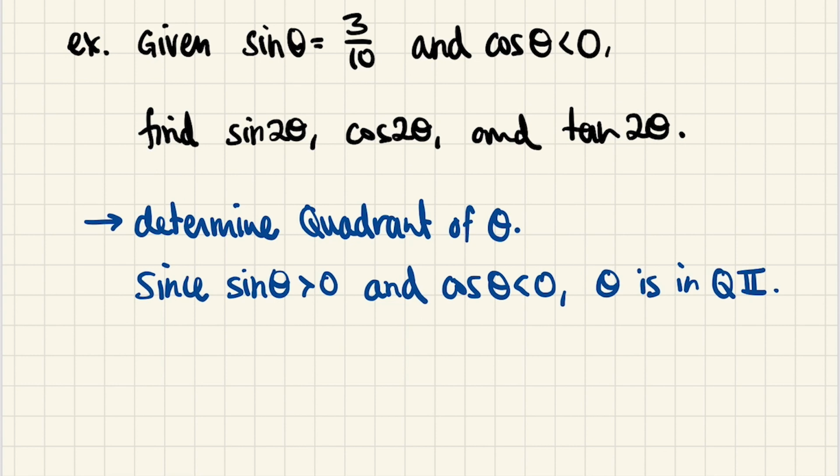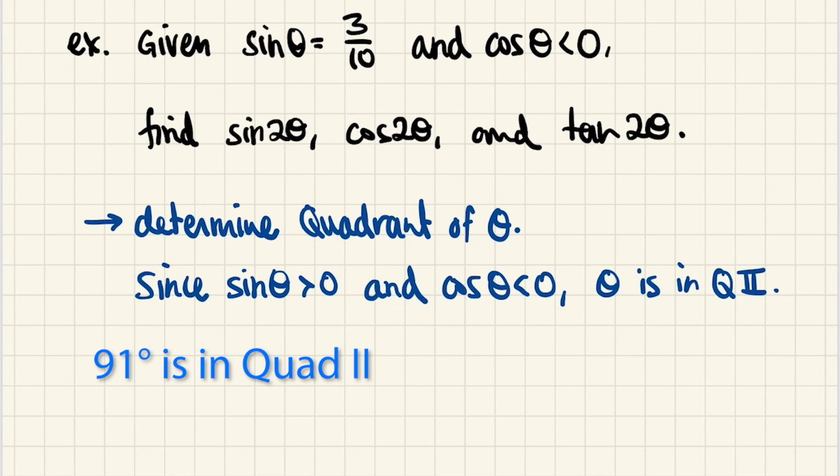Keep in mind that we do not know the quadrant of the angle 2 theta. It's a completely different angle. Just because it's double a second quadrant angle does not mean that it's in the 4th quadrant. For example, in degrees, 91 degrees is in quadrant 2, just barely.